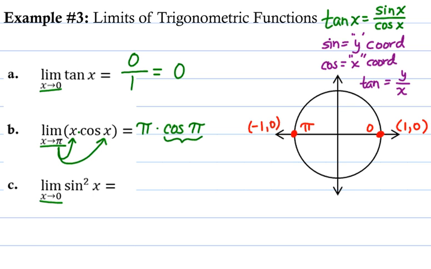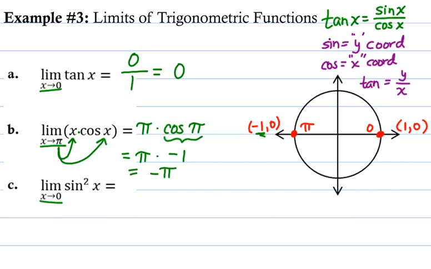Well, negative 1 is the x-coordinate of pi. So I have pi times negative 1, and that simplifies to negative pi.